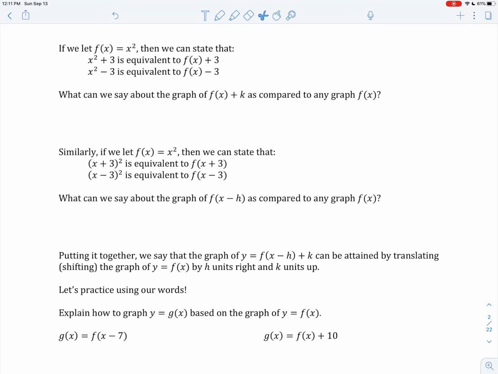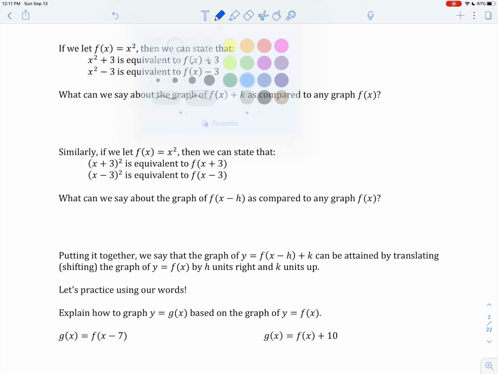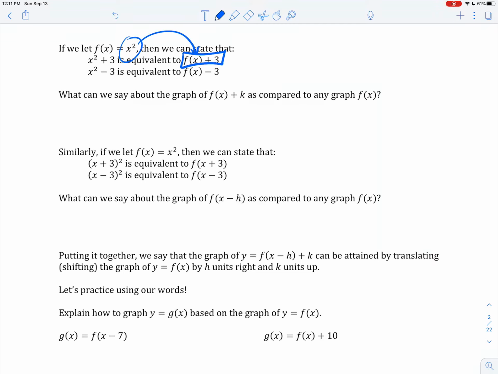Instead of saying y equals x squared, we can phrase these as functions and let f of x be x squared. That is our parent function in this case. And if we were to look at what f of x plus 3 is, well, that's just taking x squared and replacing it with f of x. In general, what can we say about f of x plus k as compared to any graph f of x?